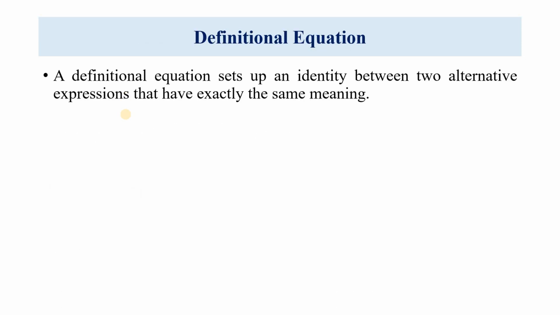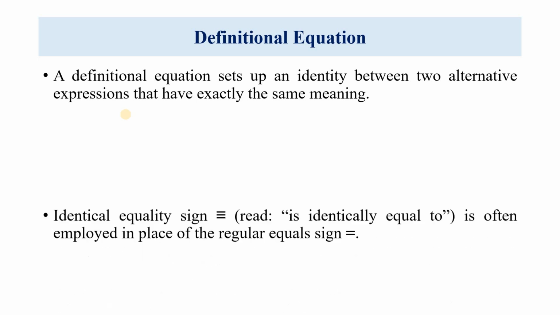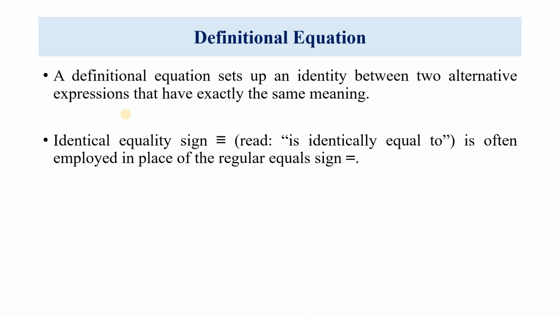A definitional equation sets up an identity between two alternative expressions that have exactly the same meaning. For such an equation, the identical equality sign, read "is identically equal to", is often employed in place of the regular equal sign, although the latter is also acceptable.